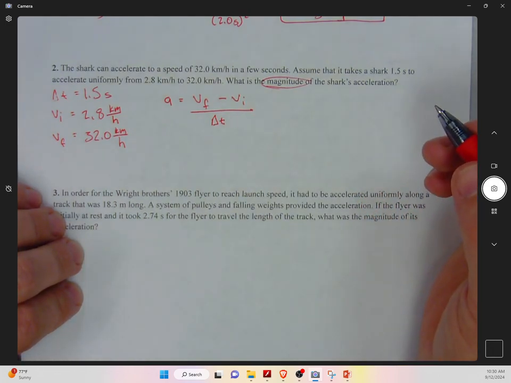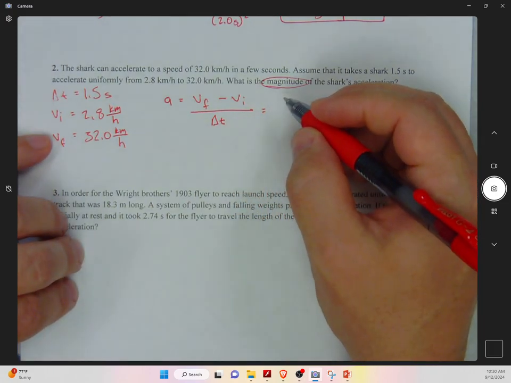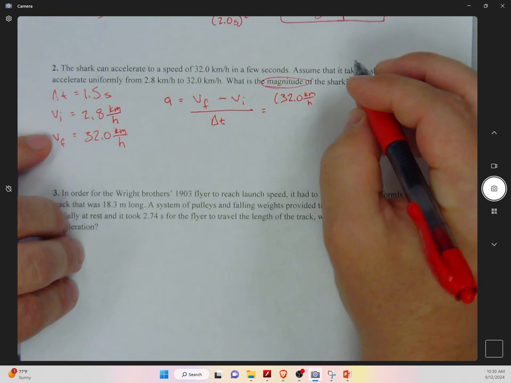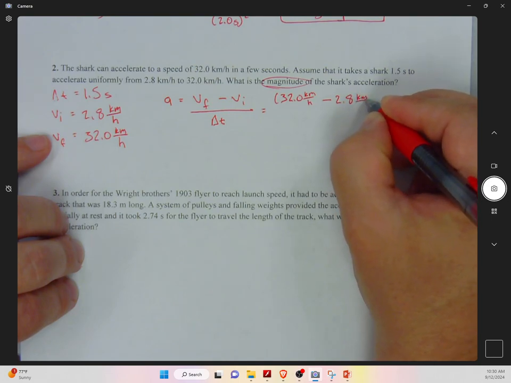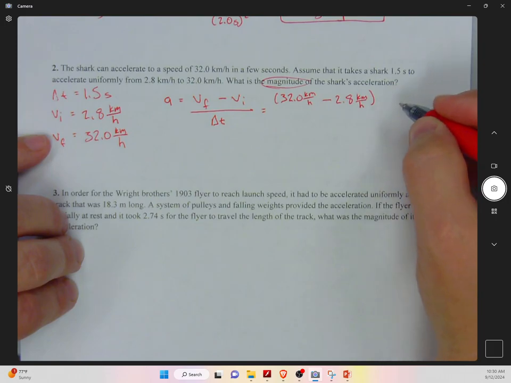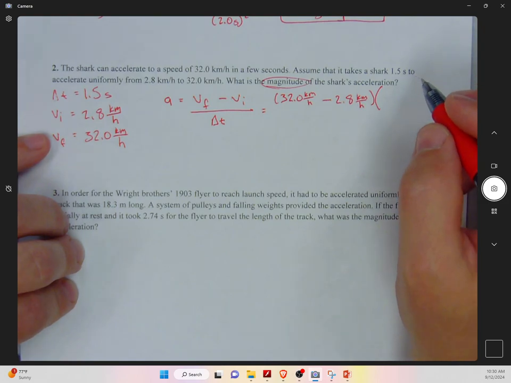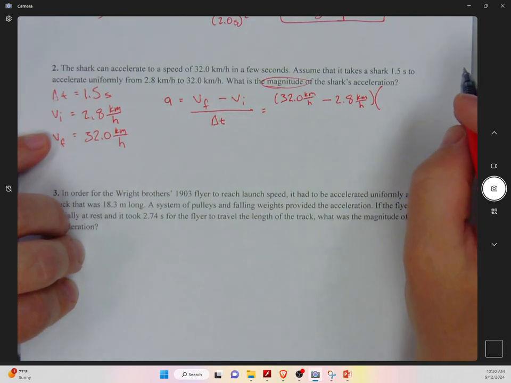So I'm going to go, wait, which one am I starting with? Oh yeah, sorry. So my final velocity is 32 kilometers per hour. I'm going to subtract 2.8 kilometers per hour. Now, what I'm going to do here, which is the thing I forgot to do last time, is get my conversions out so that I can report this in meters per second, just because that's a very physicsy thing to do.